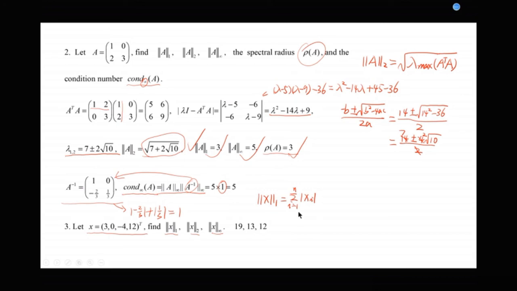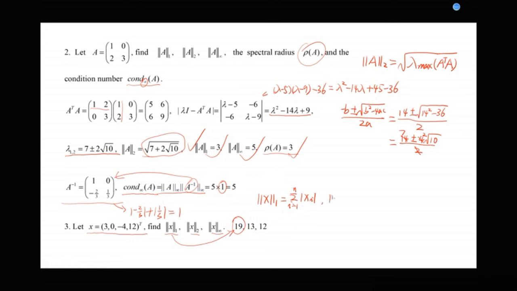It's okay? This is the total score, right? So we need to compute 3 plus 4 plus 12, right? So it is 19. So the 1 norm is 19. Clear? The total score.